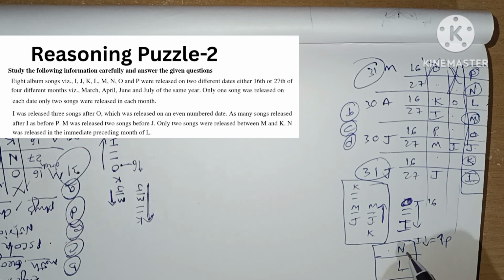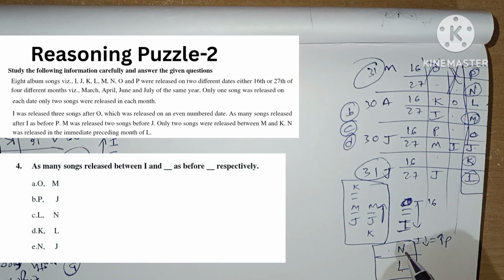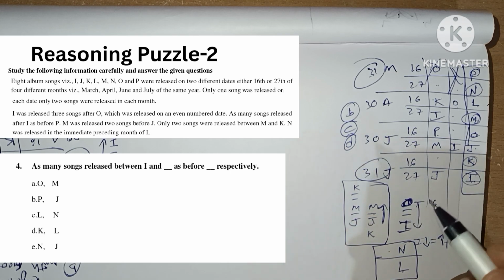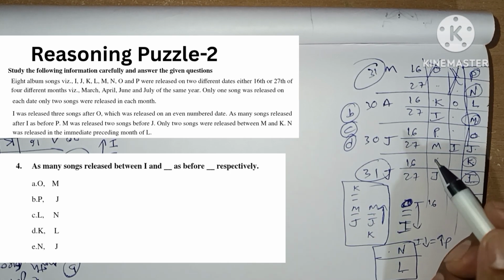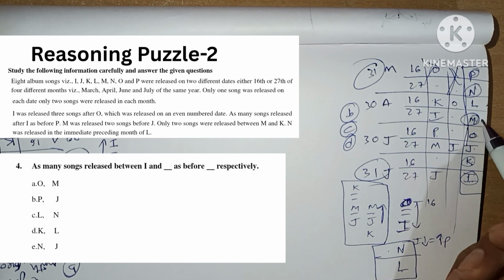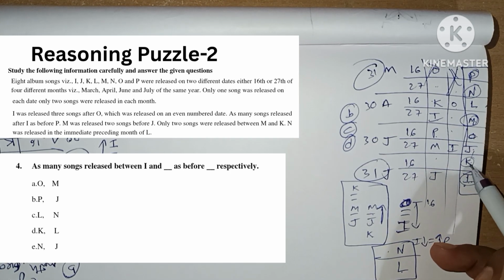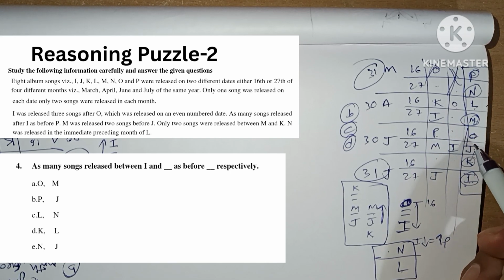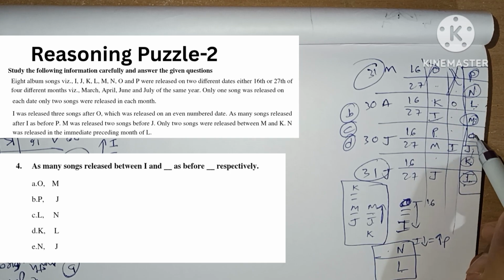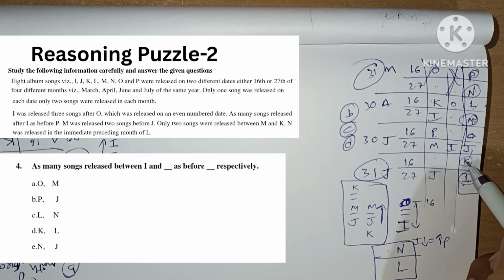Next, question number 4. As many songs released between I and O as between I and dash. I and O, there are 2. Before M, 3. I and P, 1, 2, 3, 4, 5, 6.